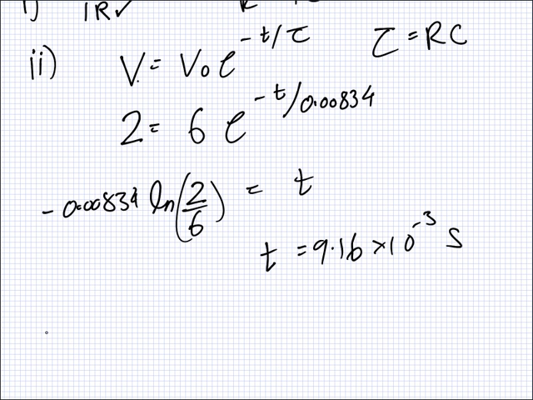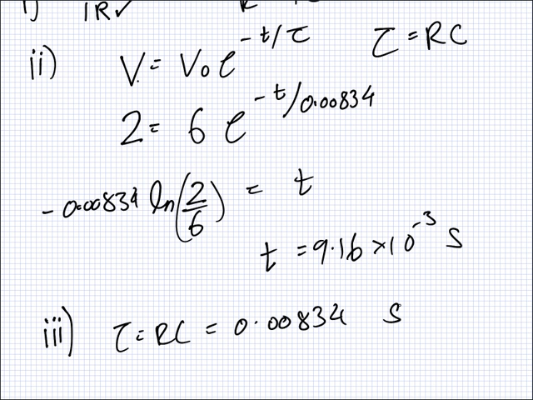B3. Determine the time constant of the discharge. Really? But that's what we have to do to get that answer. The time constant is RC, which is 0.00834 seconds.